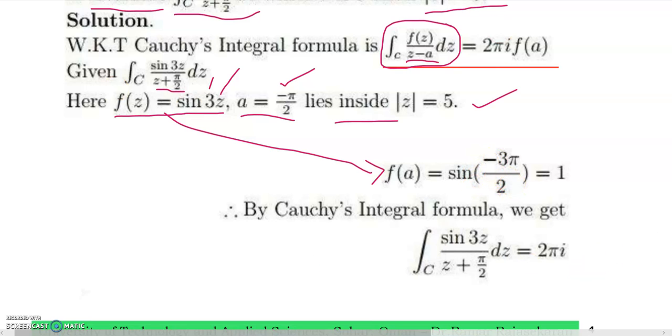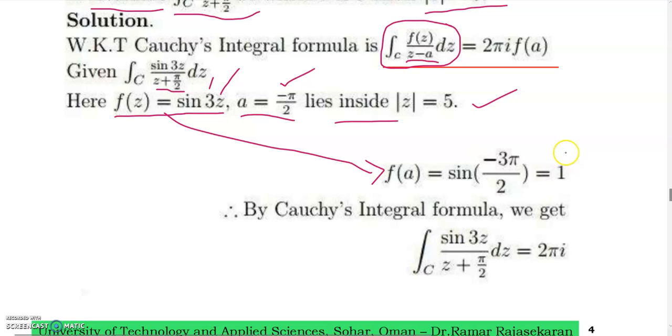Okay, so we get f of a is equal to 1, that is sine of minus 3 pi over 2 is 1. To find this value, you can use your calculator. Keep your calculator in the radian mode, then you find the value of this one, that is 1.